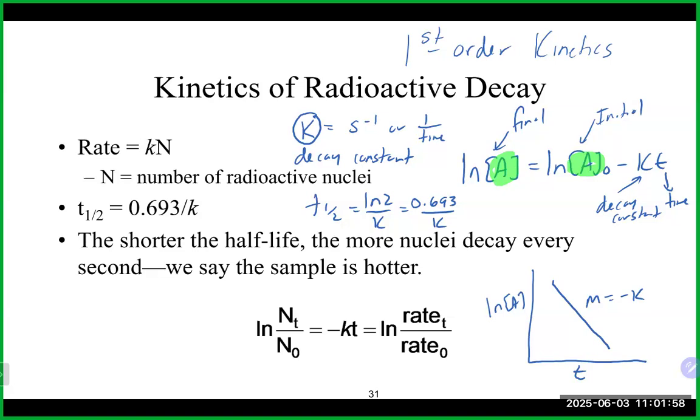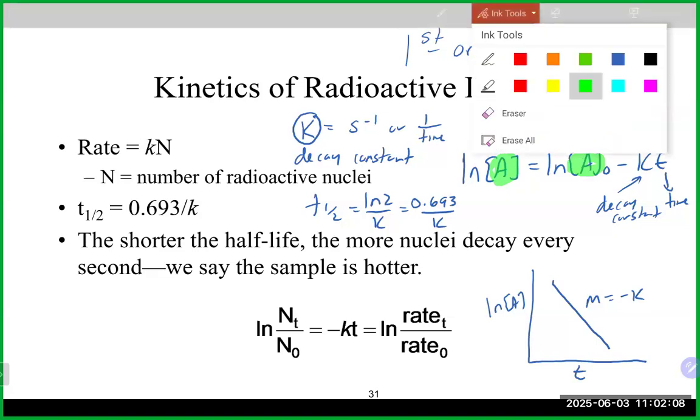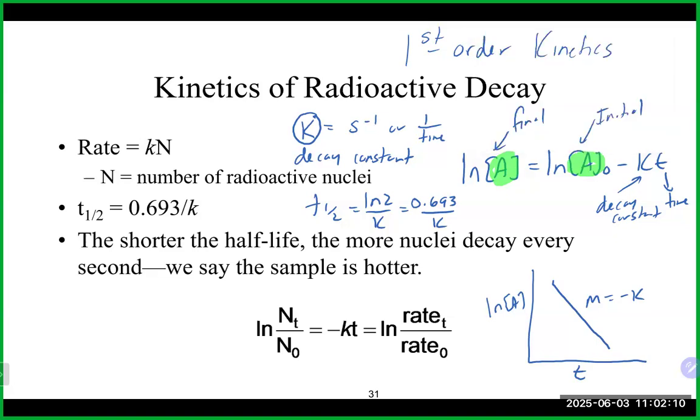You could use something like the rate of radioactive decay, like counts per minute or disintegrations per minute. So the units for A here really don't matter. You could even use percentages for both of them if you like. The deal is, though, they do need to be the same unit. So as long as they're the same units, you're good to go. It does not have to be molarity. In most cases, you probably won't see molarity a lot in nuclear chemistry use of this equation.